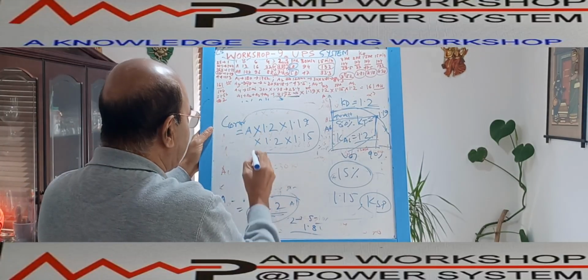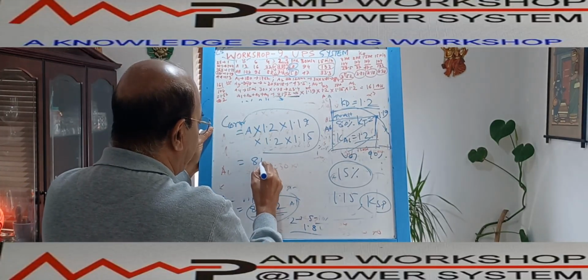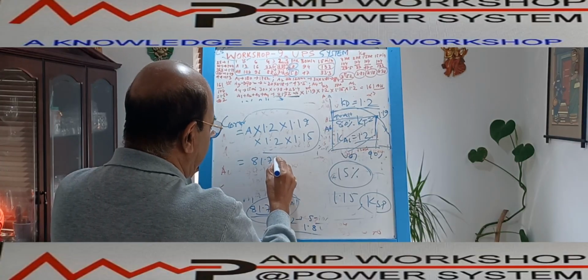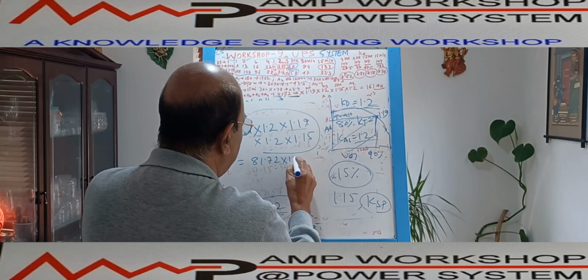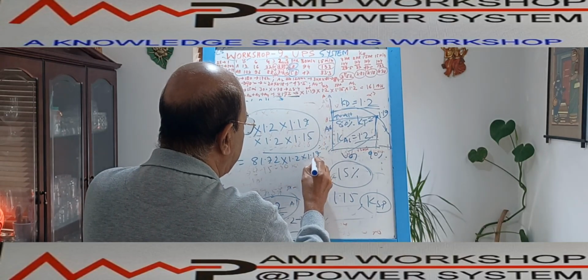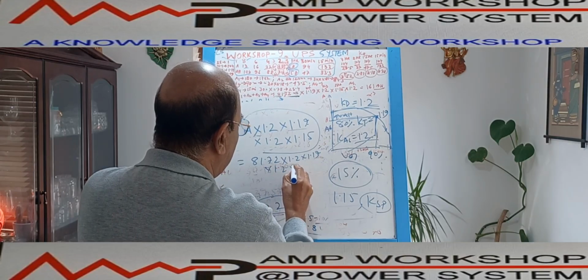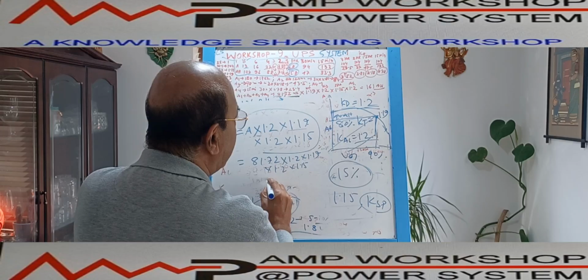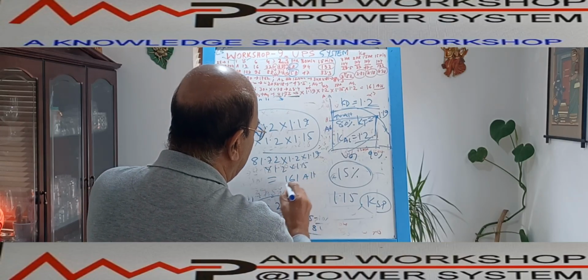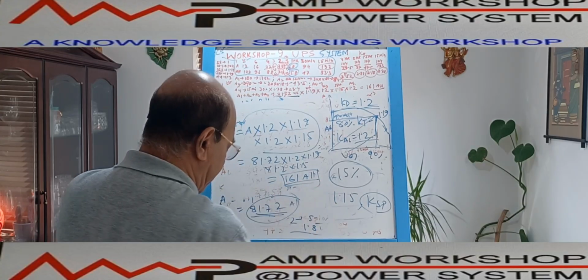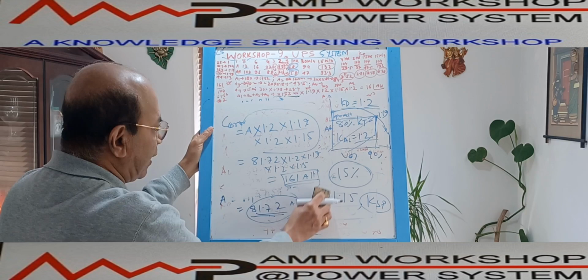If we consider this, then 81.72 ampere hour, into 1.2 into 1.19 into 1.2 into 1.15, will give you a capacity of 161 ampere hour. That is the corrected capacity of the battery for this particular load profile.